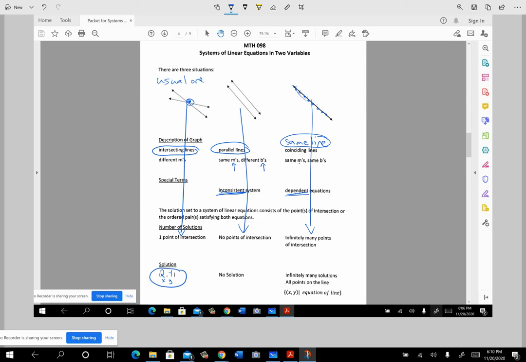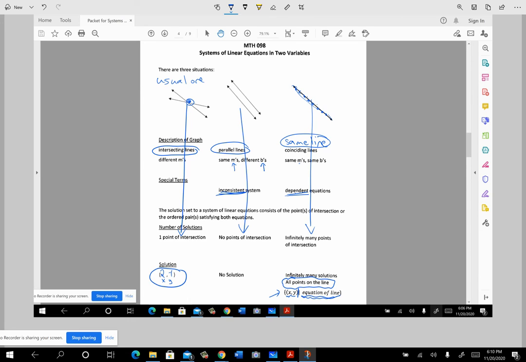And if the lines turn out to be really the same line and they ask you to solve, to me, you should say that the solution would be all points on the line. This is a formal way of saying the solution would be the set of all ordered pairs such that they satisfy whatever the equation is. You would put that right here, okay?